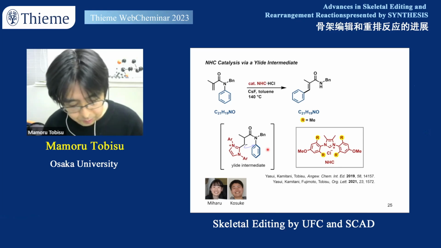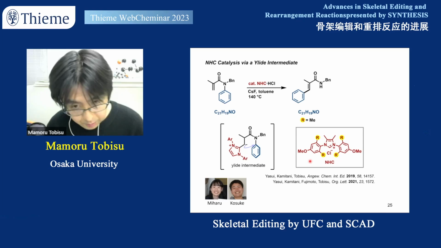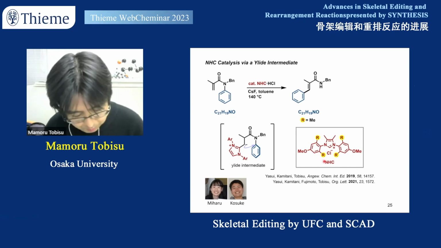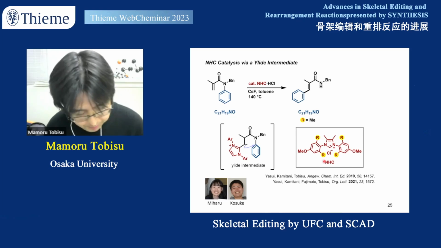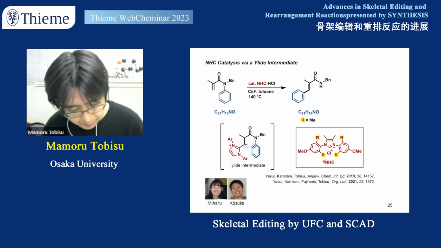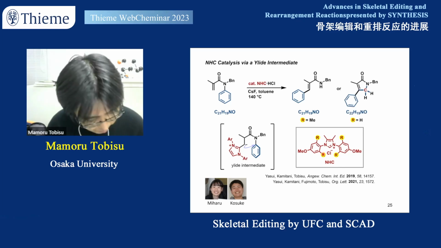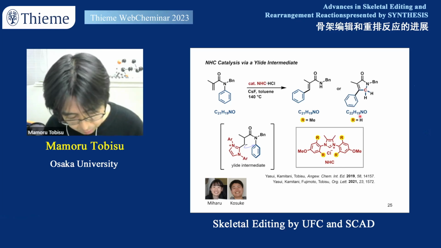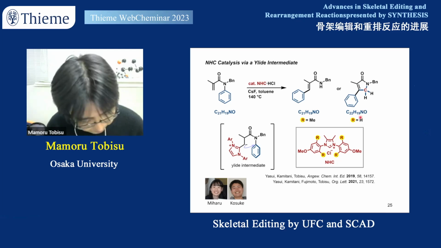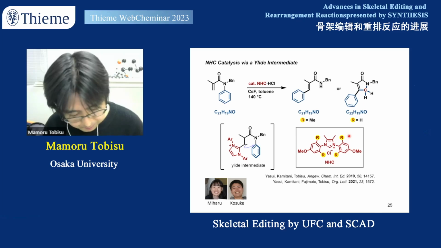And in this CN bond cleavage reaction, the most effective catalyst was an NHC bearing bulky 2,6-dimethyl substituted aryl groups. And during the course of the catalyst screening in this reaction, Miharu was careful enough to notice that a small amount of a gamma-lactam product was formed when a less bulky NHC with no ortho-substituent was used as a catalyst.